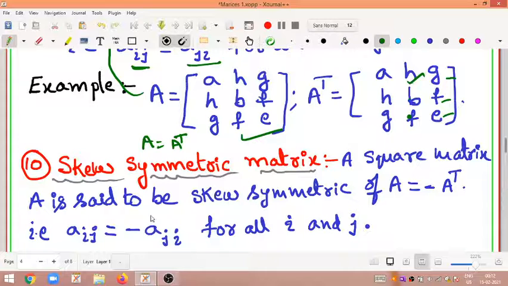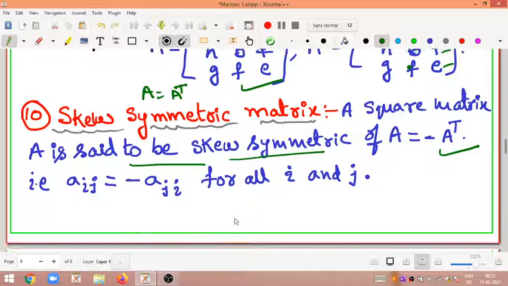Next, the skew symmetric matrix. A square matrix A is said to be skew symmetric if A is equal to minus A transpose, that is, Aij is equal to minus Aji for all i and j.